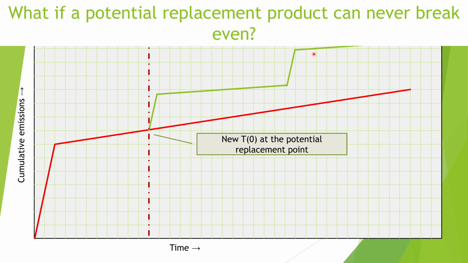And in that case, it's never really going to make sense to replace your red product, as long as you can keep your red product going. And even more curiously, if your red product is lasting this long, then it would not even make sense to replace your red product at the end of life with a green product. It would make sense to replace it with another red product, because the total lifetime emissions of the red product are going to be lower than the total lifetime emissions of the 5 or 6 green products that you need to buy to do the same job.